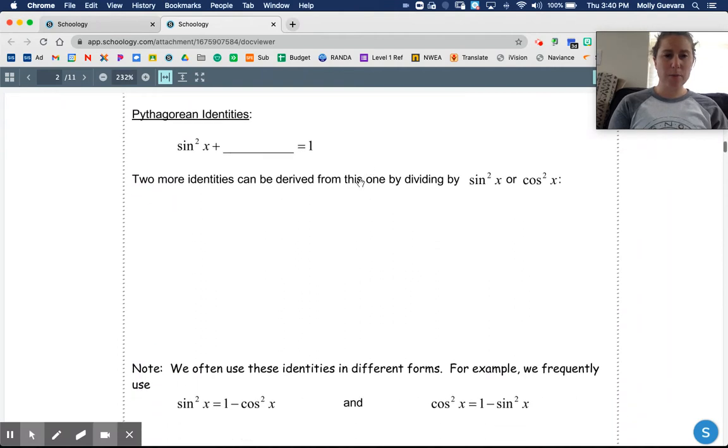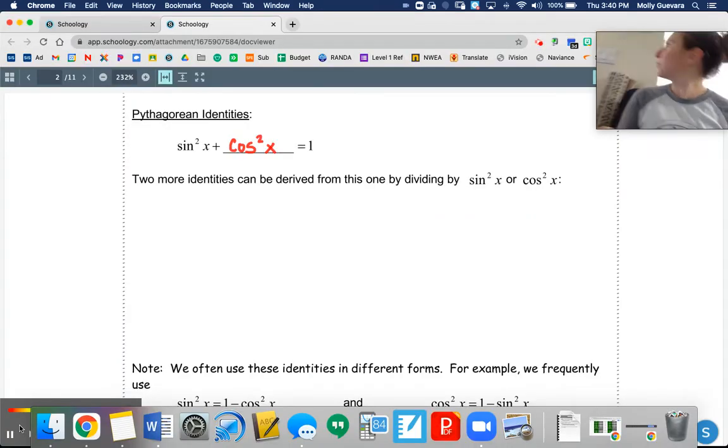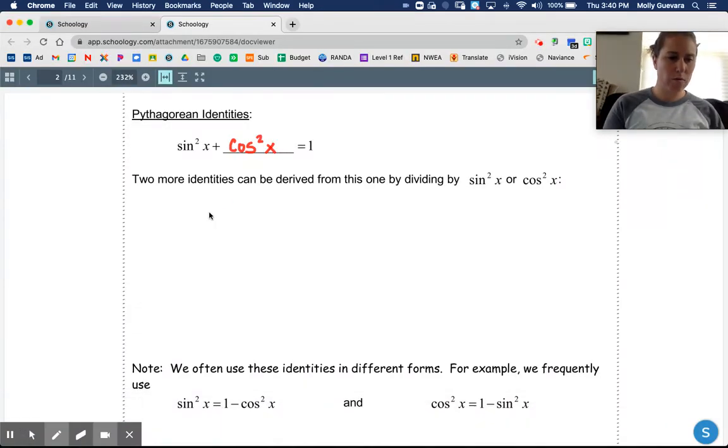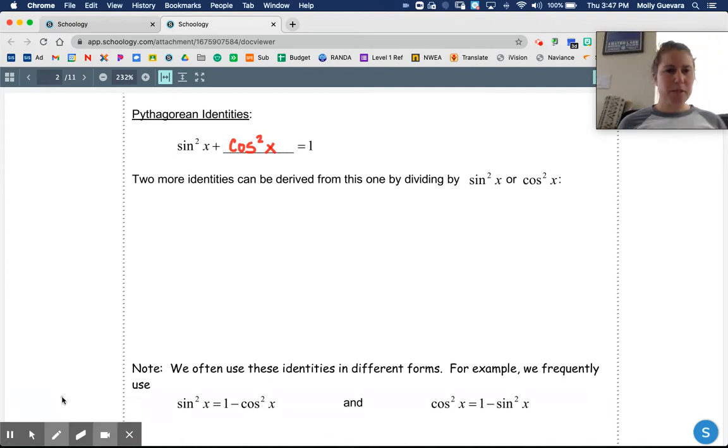Now we're going to look at the Pythagorean identities. Sine squared plus cosine squared of x equals 1. Okay, so if I have sine squared of x, cosine Okay, so sine squared plus cosine squared equals 1.